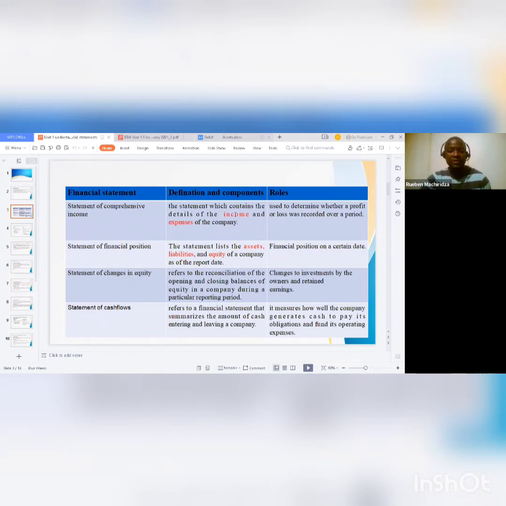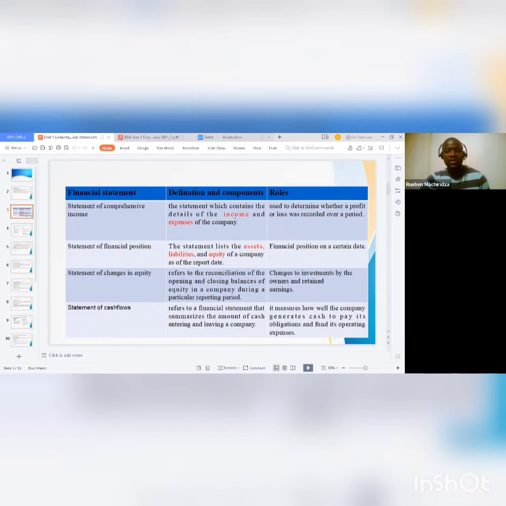Or for instance, we might have buildings that we are not using and we are renting them out. And as a result, that rental income is part of the income that we should see in the statement of comprehensive income. So as we proceed, you will see that we have many various forms of income that we are expected to know and to include in the statement of comprehensive income.